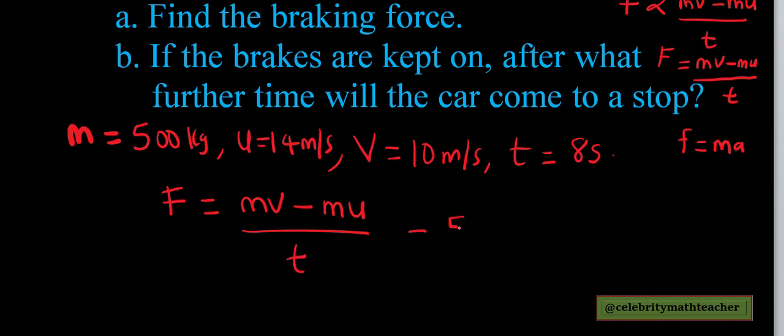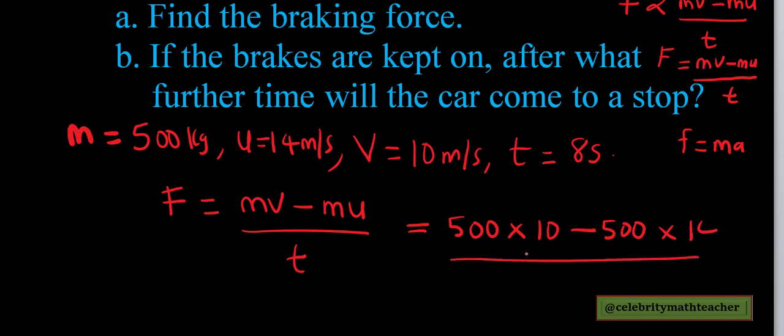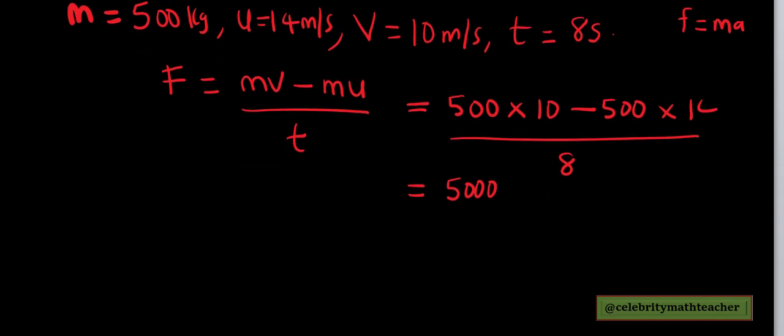So the m is 500, so 500 times the v, which is the final, 10, minus 500 again, times the initial, 14, divided by the time, which is 8. We will simplify this further. This is 5,000, minus, this is 14.